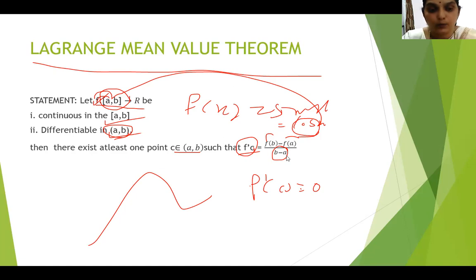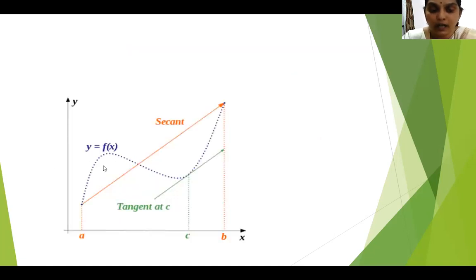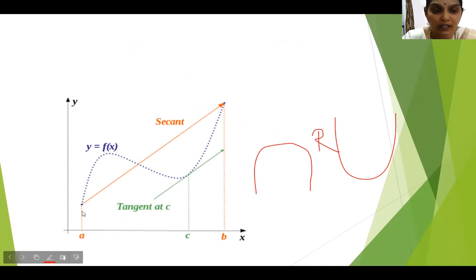This will be clearer with a curve. I told you f of a is not equal to f of b, so the curve will not bend like this. Whenever it is a U shape or inverted U shape, it stands for Rolle's theorem. Now, I have a curve like this, defined from A to B. There is a point A. What will be its image?